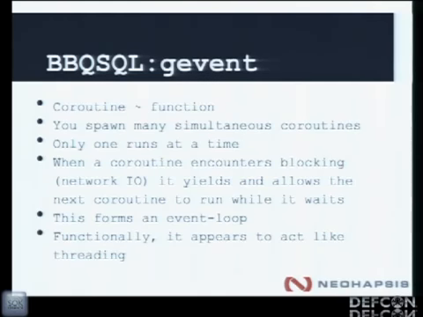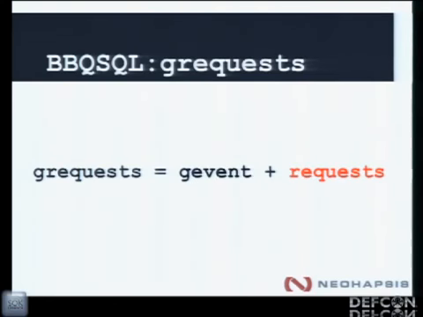This is not callback-based, this is coroutine-based, which makes it a lot more accessible to those of you who've worked with threading before. And because you have this ability to jump to the next coroutine when you hit blocking, you can have hundreds of outstanding requests. You can make an HTTP request, and when you're waiting for the response, you're not sitting there waiting. You're executing code in the next coroutine. This is what allows you to have a lot going on at the same time, and we get a lot of performance out of that.